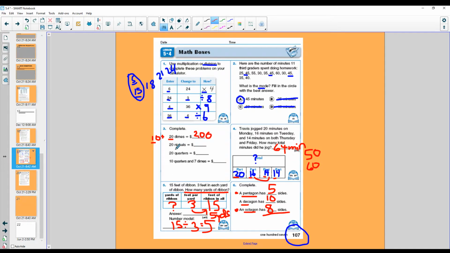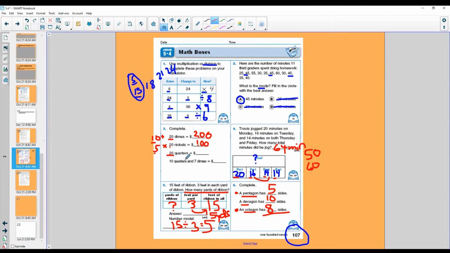All right, 20 nickels. Well, we could count by fives 20 times, or we could go 5 times 20. 5 times 2 equals 10, and then add another 0. So we get $1.